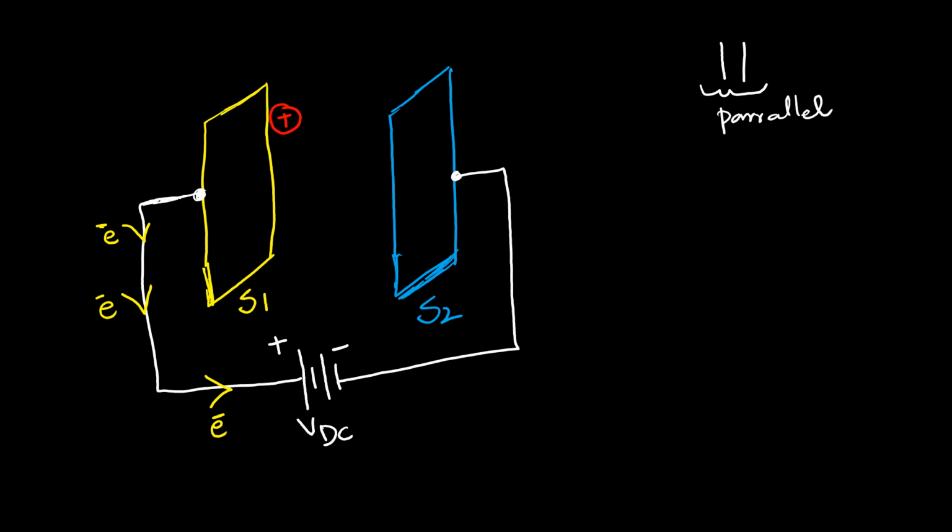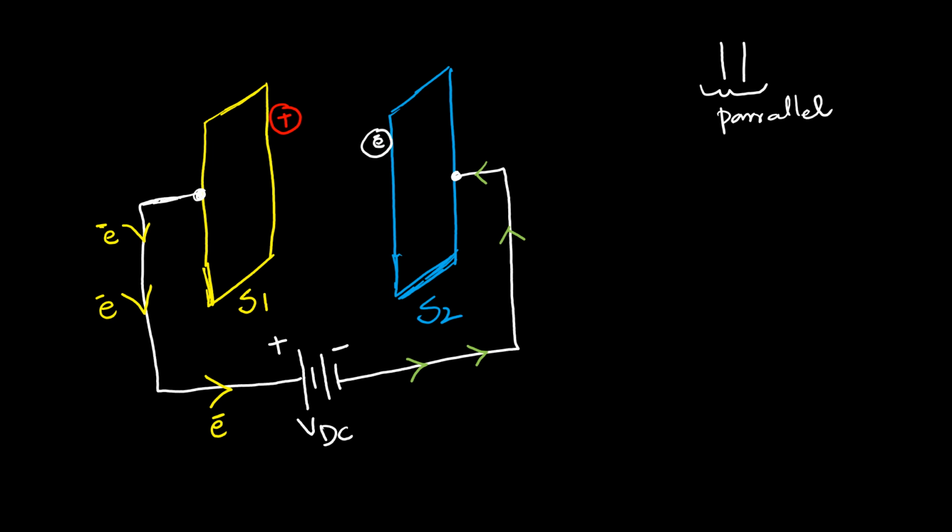Similarly, the negative terminal of the battery pushes electrons, so electrons will be pushed from the negative terminal toward the S2 plate of the capacitor. Electrons will be stored on the surface of the S2 plate, like this.